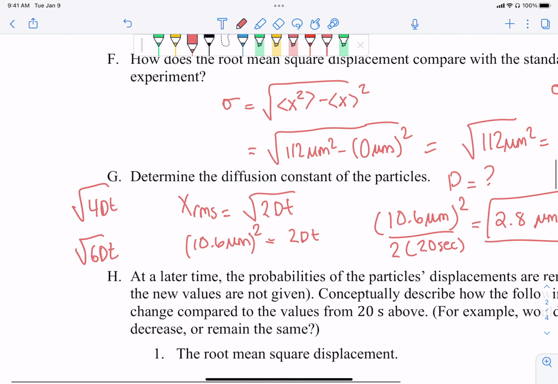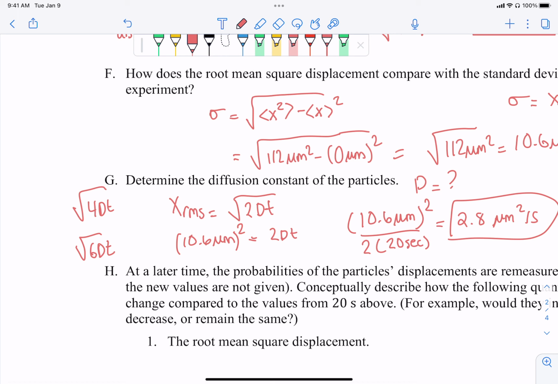So I don't think we can quite, go ahead. Yeah, if you wanted to, 112 just divided by 2 times 40, or 2 times 20.